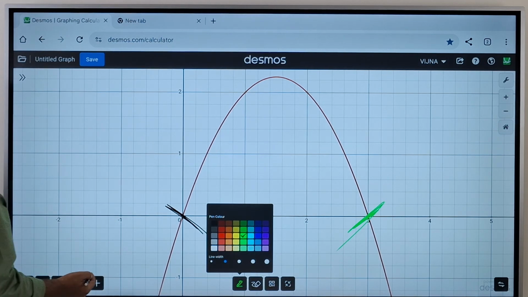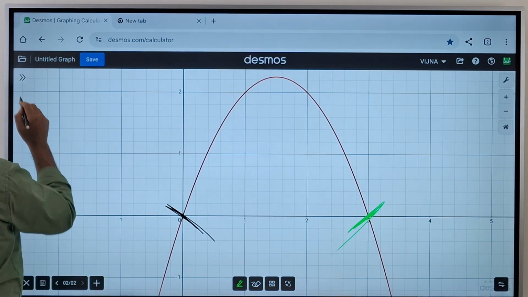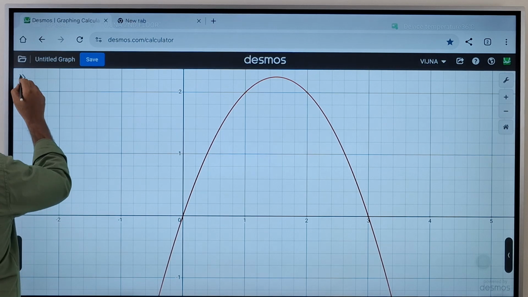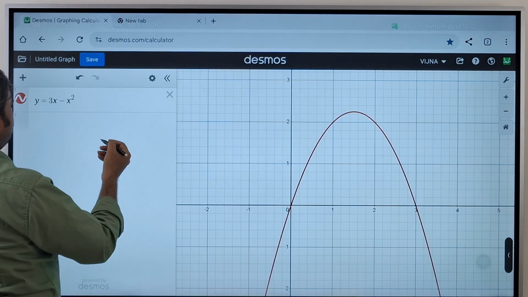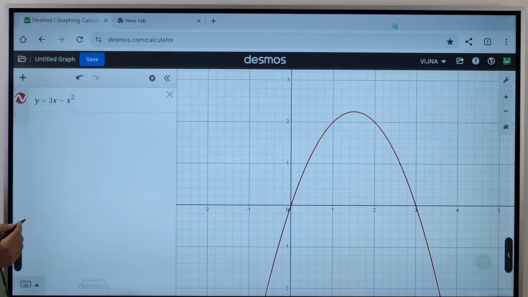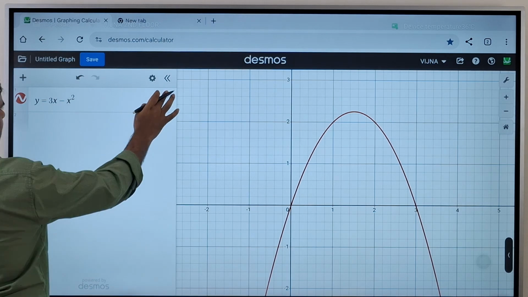Similarly, you can look at the graphs of various functions. Let's look at one more: x square minus 4x plus 7.